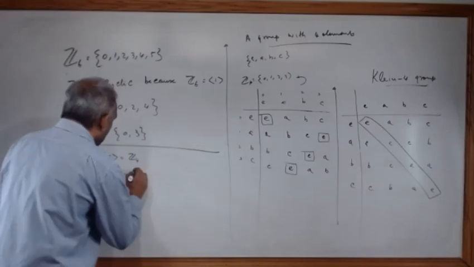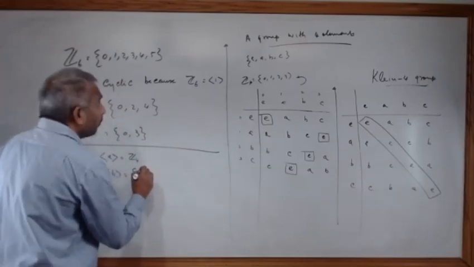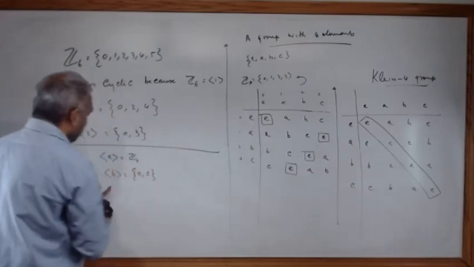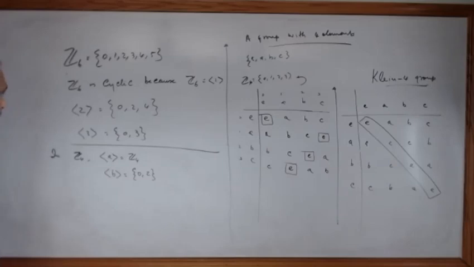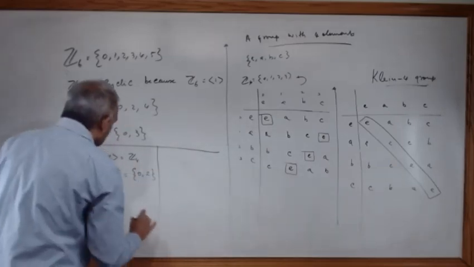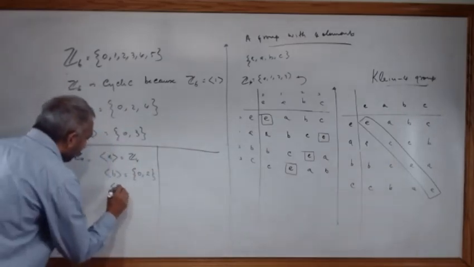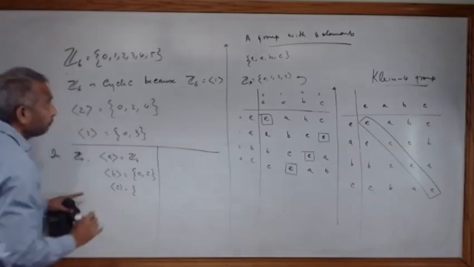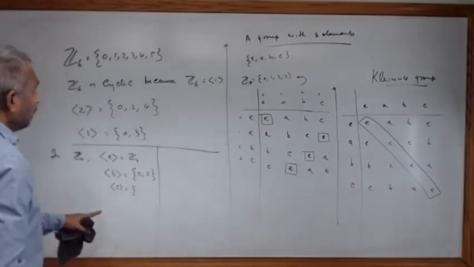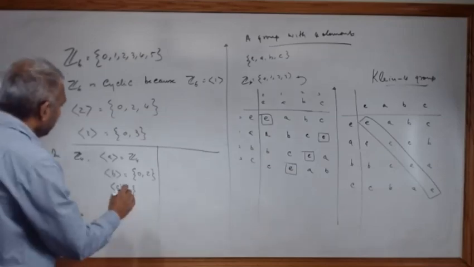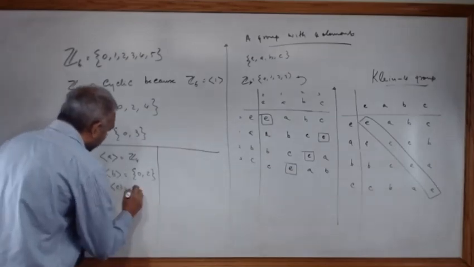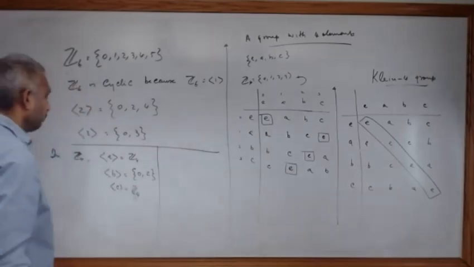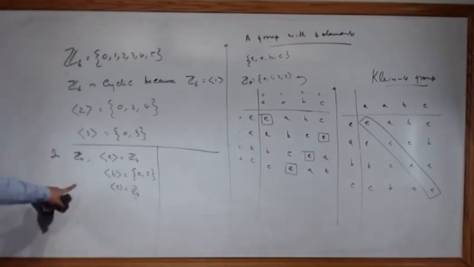B generates 0, 2 in Z4. C generates again the whole of Z4.